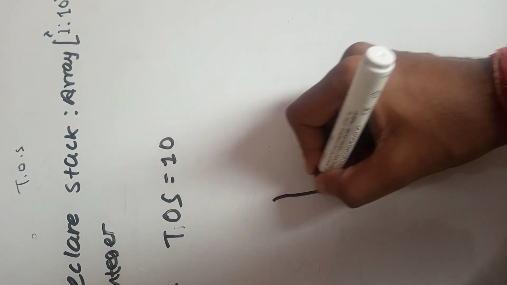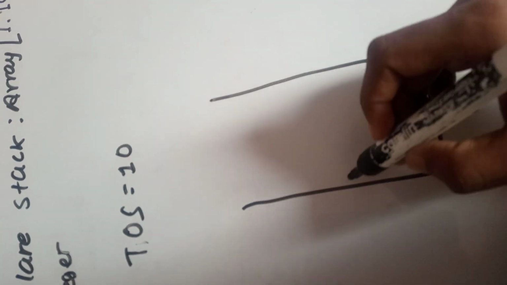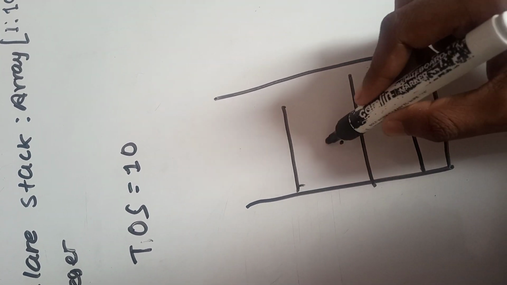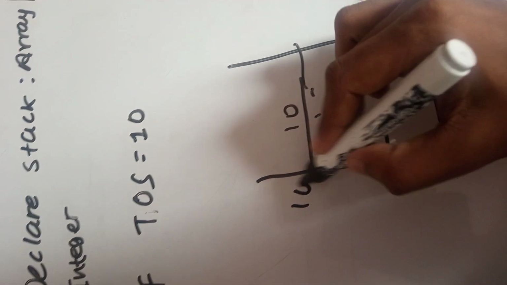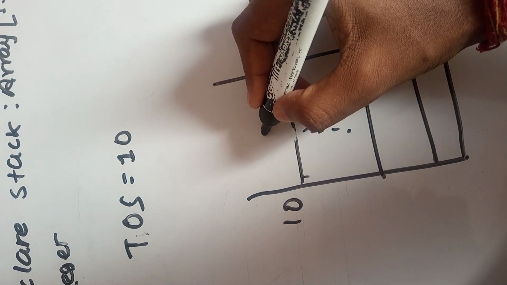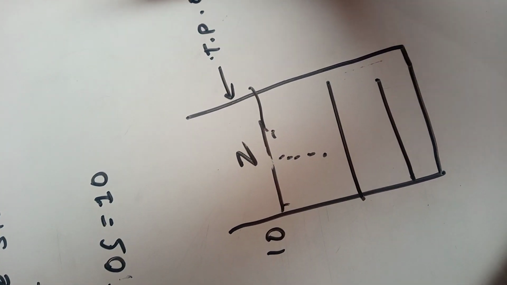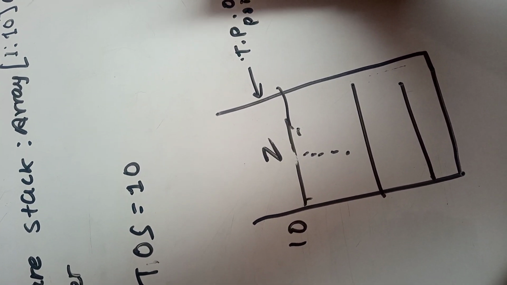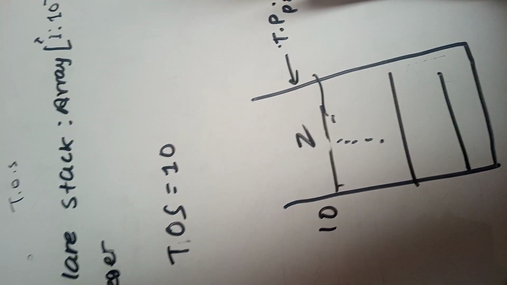That means if this is our stack, and here is the 10th element, the 10th index, let it be something Z, and here is the top of the stack pointer. So we know that if there is a 10 here, we cannot add more data to the stack.